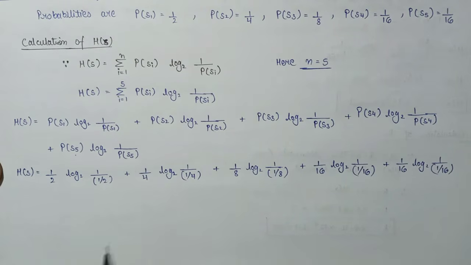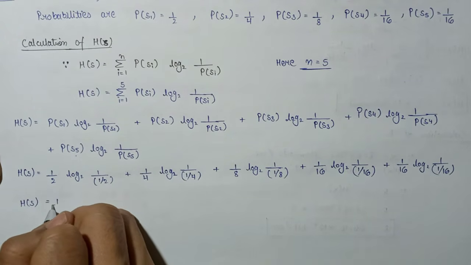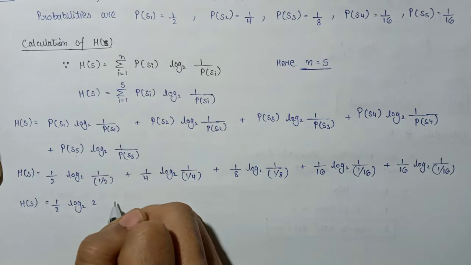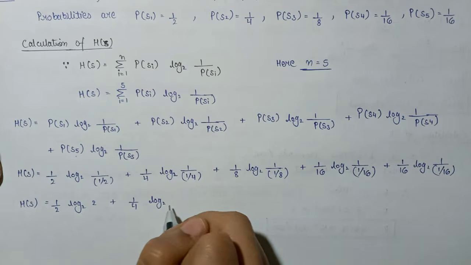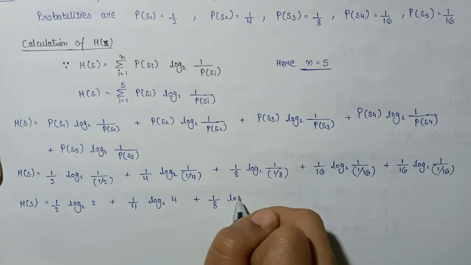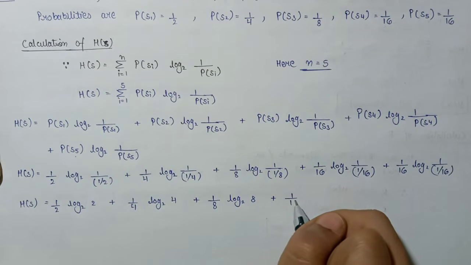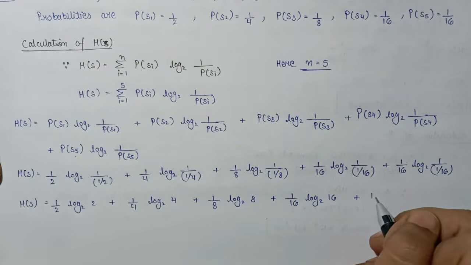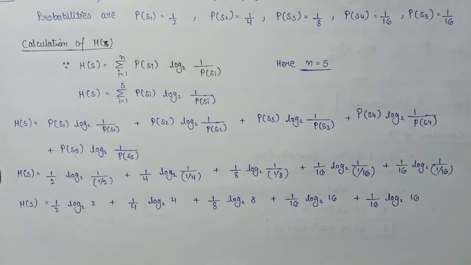Now if we solve this expression, we get H of S equals 1/2 log base 2 of 2, plus 1/4 log base 2 of 4, plus 1/8 log base 2 of 8, plus 1/16 log base 2 of 16, plus 1/16 log base 2 of 16.